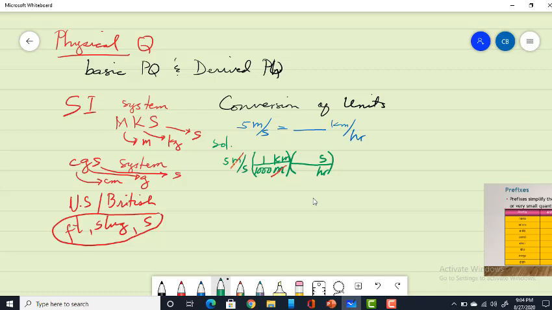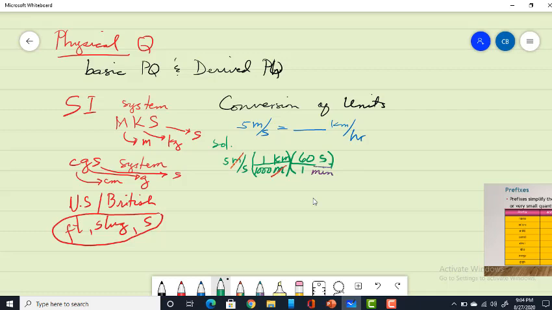Why not use minute first instead of directly converting the unit into hour? Let's erase this and use minute first. How many seconds are in 1 minute? This is equal to 60 seconds.